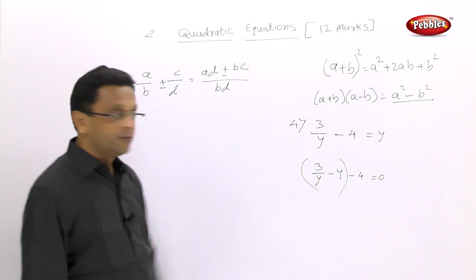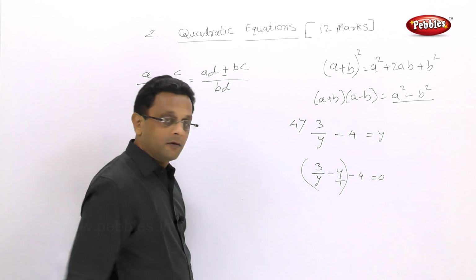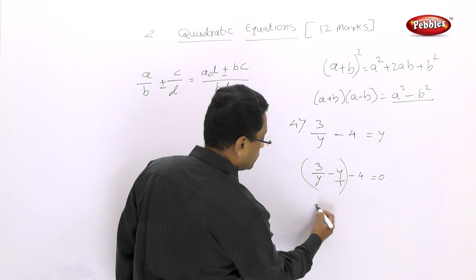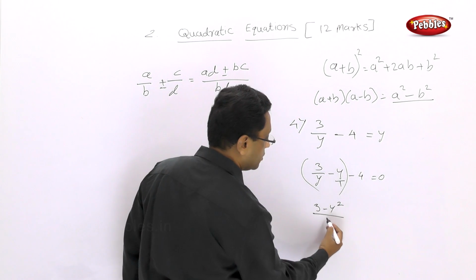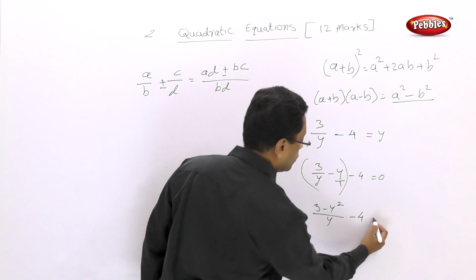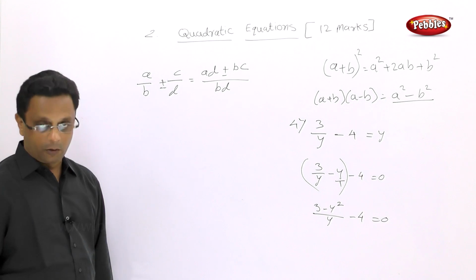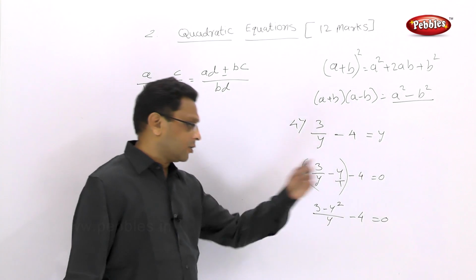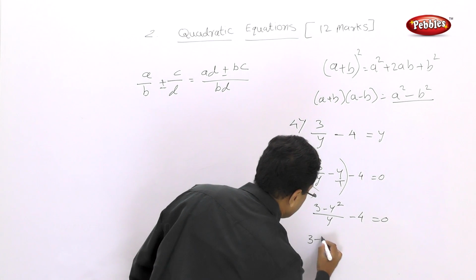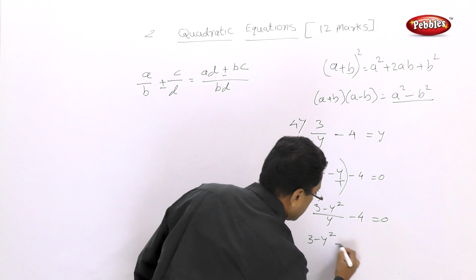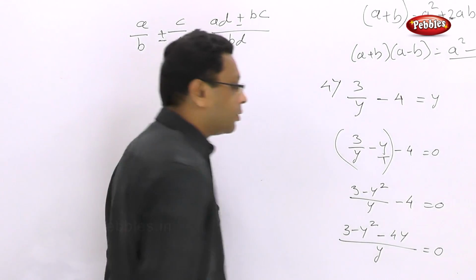So how will we solve this now? Nothing is there, so 1 is there. So this will be 3 minus y square upon y minus 4 equal to 0. Okay. Again there can be a cross multiplication, like 3 minus y square minus 4y upon y equal to 0.